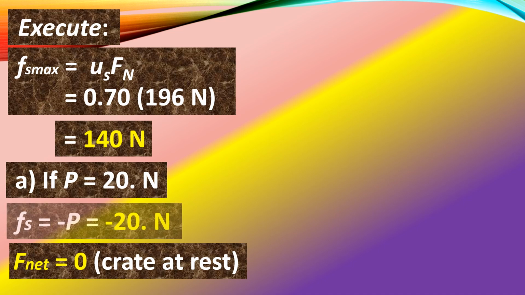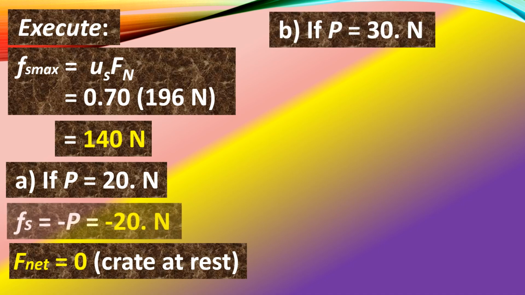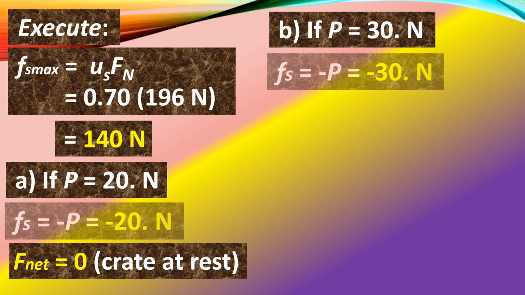Now let's move on to case letter B. This time the applied force capital P is equal to 30 newtons. Still, the applied force P is way below the maximum static friction. So our answer is that the force of friction, which is still static, is just equal to negative 30 newtons.